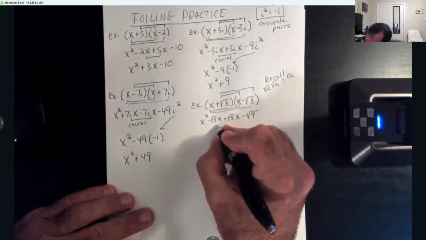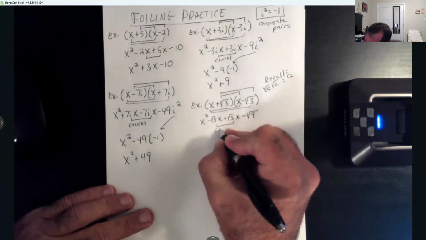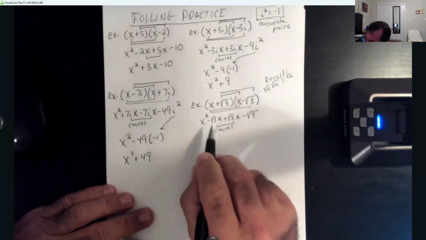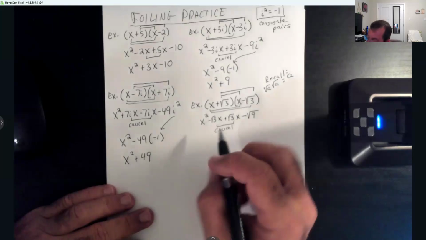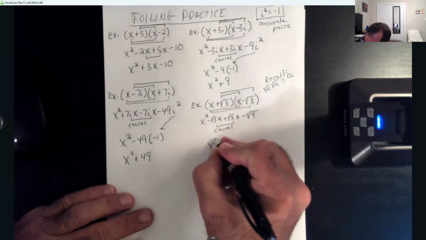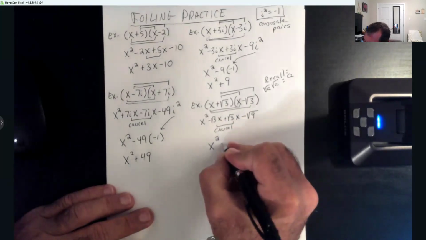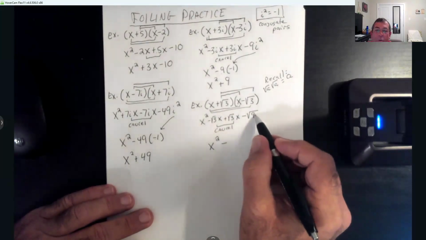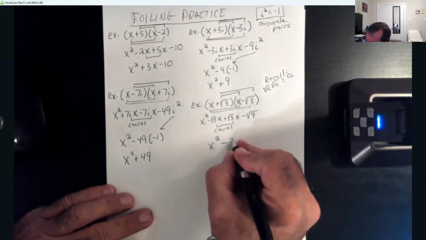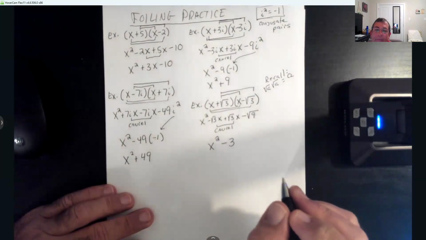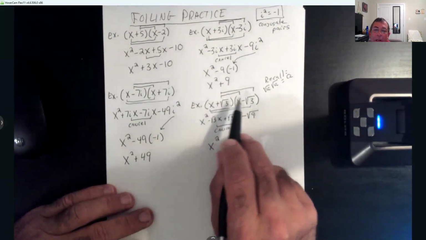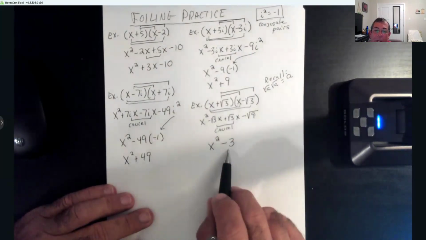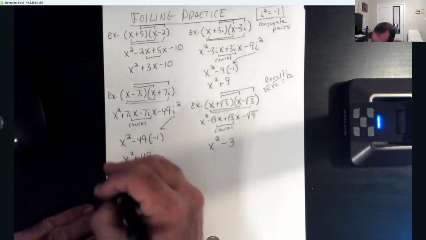All right, so y'all are seeing this right here. Those are going to cancel. Negative square root of 3, positive square root of 3 cancel. Bring down the x squared. That's going to be minus. Well, guess what? Square root of 9 is 3. So that goes back to this. Square root of 3 times the square root of 3 equaled a 3, okay?